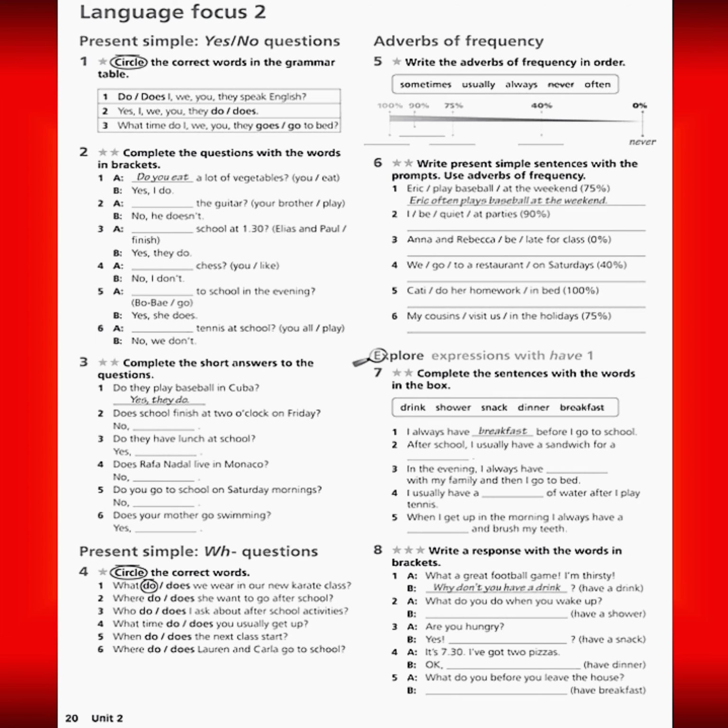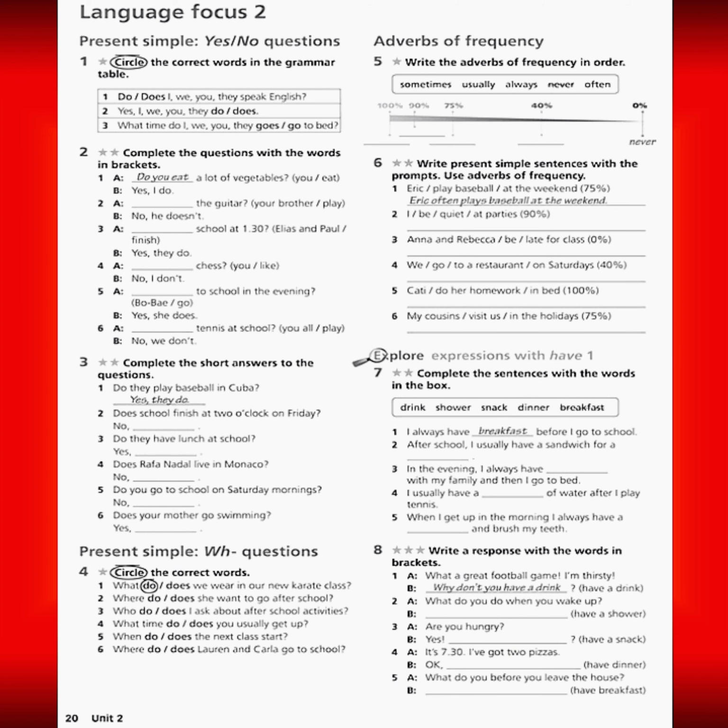Workbook, page 20. Language Focus 2. Present Simple Yes/No questions. Section 1. Circle the correct words in the grammar table. Section 2. Complete the questions with the words in brackets. Section 3. Complete the short answers to the questions.